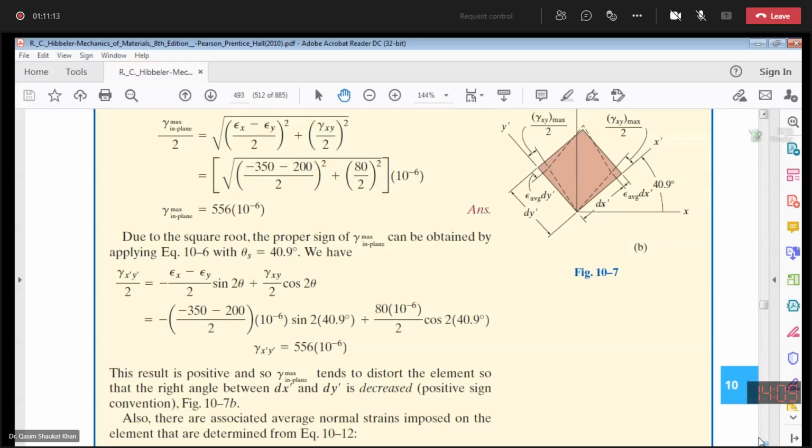Okay. Next thing is we have to calculate the associated average normal strain, epsilon x plus epsilon y over 2. We have to calculate the associated average normal strain. So please calculate it.